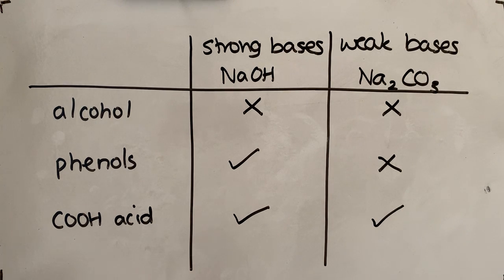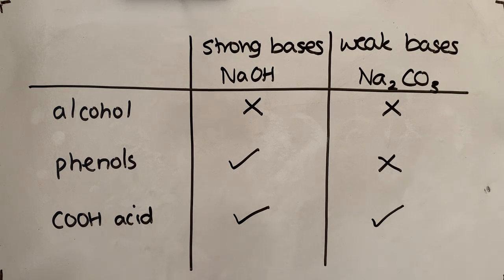You should have done reactions with, for example, ethanoic acid and sodium hydroxide, and that is a neutralization reaction. If you add sodium carbonate to ethanoic acid, you'll see a reaction, you'll see carbon dioxide bubbling from that reaction.